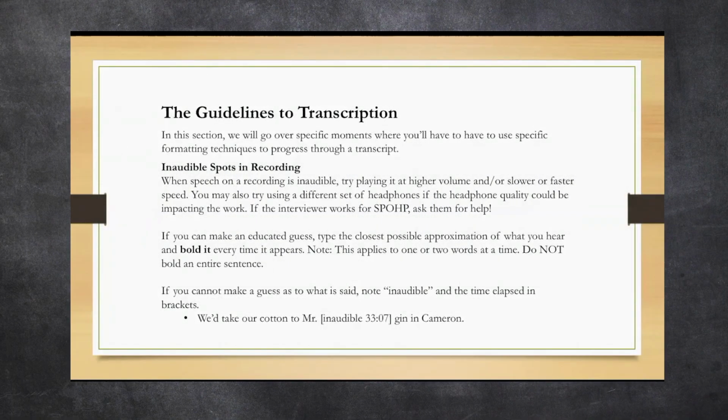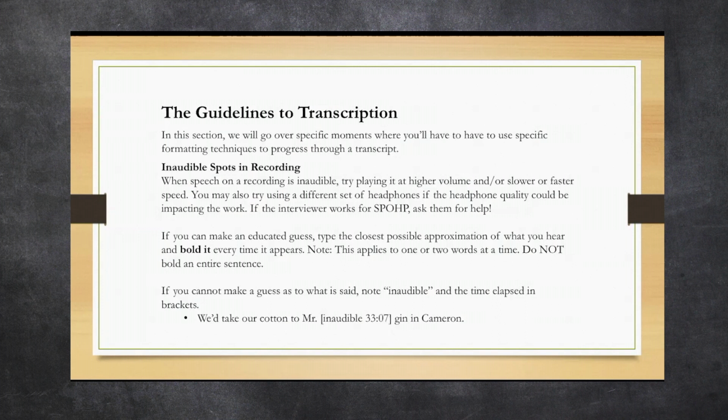So when you're listening to the audio, if you can make some form of an educated guess, for example, the example I like to use is someone saying vice versus something else. Someone I've heard in the audio before was talking about one of their vices, which translates to the guilty pleasures that they like to do. However, with audio that's distorted or hard to hear, you can make an educated guess based on what you hear.